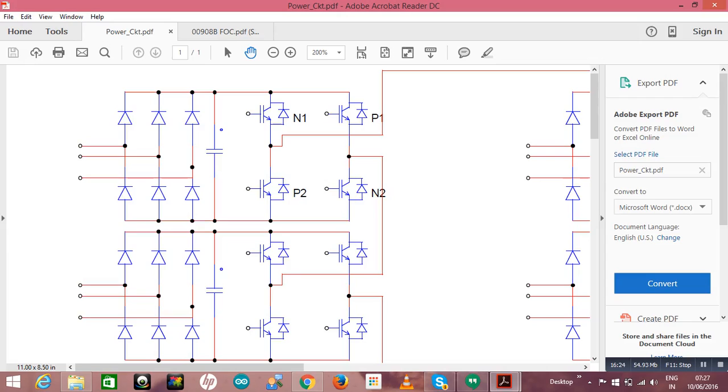Plenty of suppliers are available in the market, like Semikron, Infineon, Mitsubishi, Toshiba, Hitachi, Fuji, Fairchild. But among these, I'll suggest the first choice should be Semikron. It's very user friendly, and it will not give you any trouble.